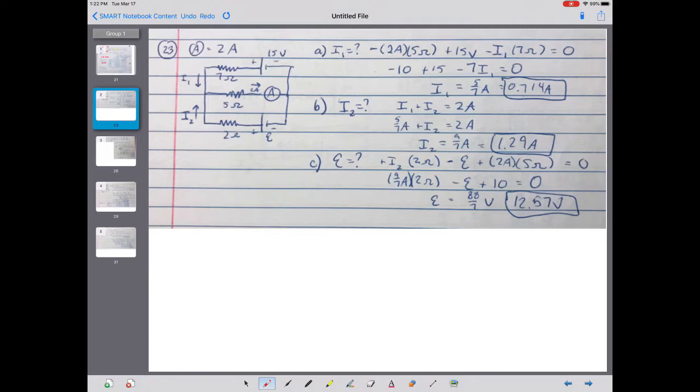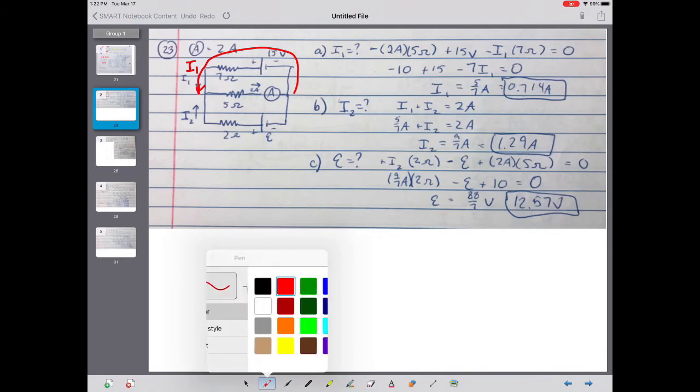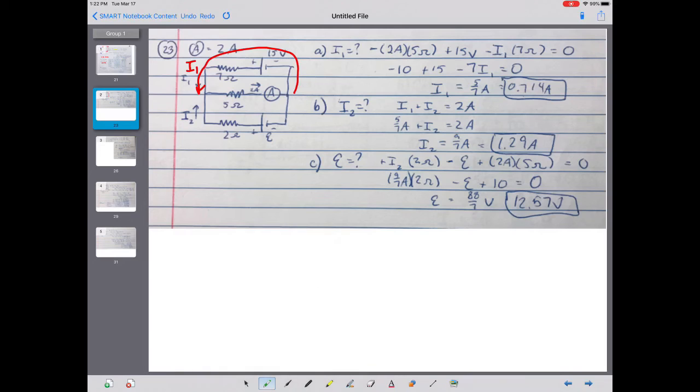So if we know the current is going to the right through the center branch, then I1 would be all of that there, and I2 would be the current through all of this right here.